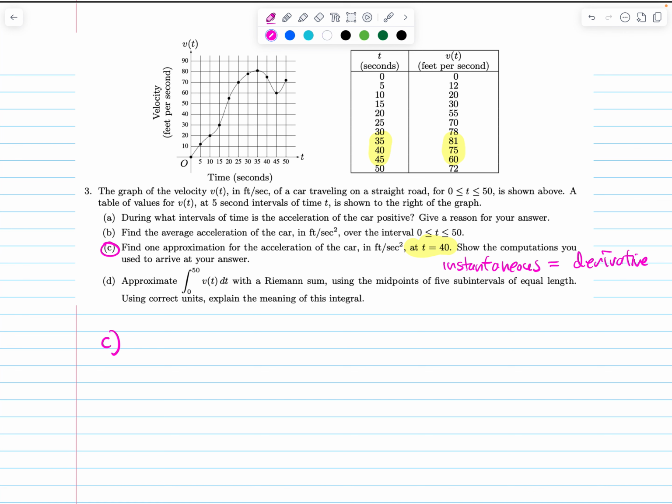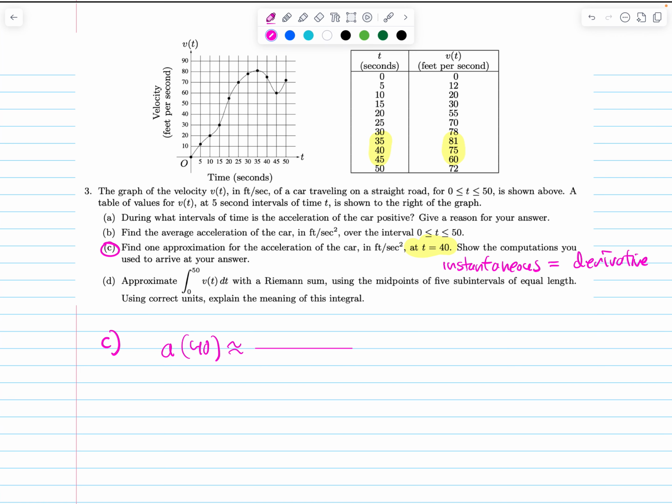One of them is ignore 40 and say that the acceleration at 40 is just approximately the slope from t equals 45 to t equals 35, or vice versa. First off, I'm going to write with something more permanent.